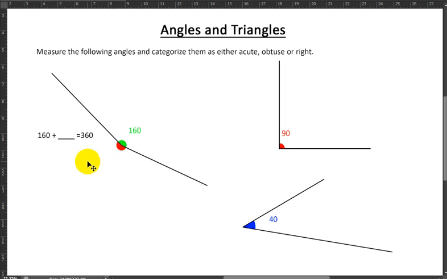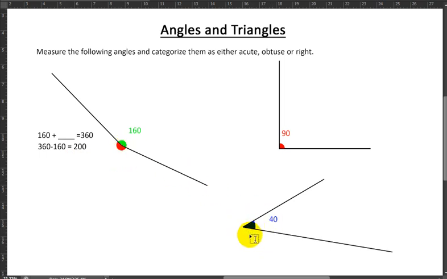So what's here is the difference between these two numbers, between 360 and 160. To find this, because it's the difference, I would do 360 take away 160. And what I would get if I did that subtraction is 200. So this red angle would be 200 degrees.